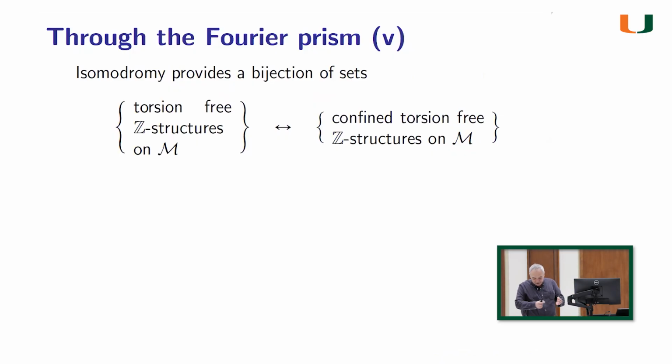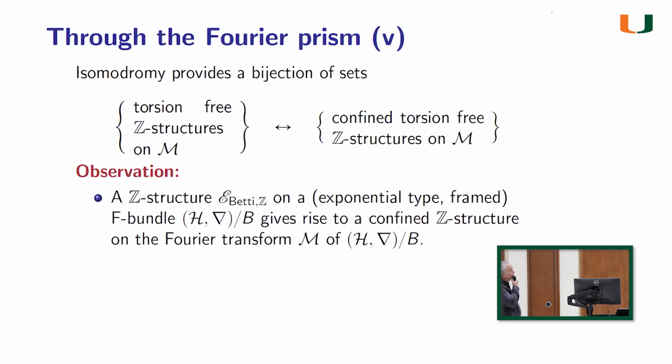They happen at one point and just on the line. I mean, on a small disk, actually, in the line. It's a disk near infinity. And if you have a Z structure on a framed F bundle, so that means H is trivialized, this gives rise to a confined Z structure on the Fourier transform.